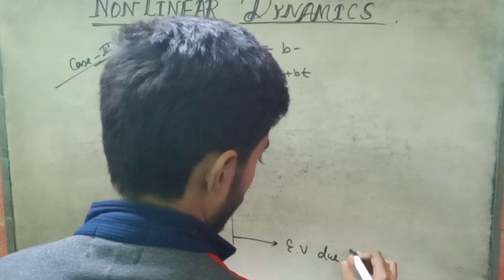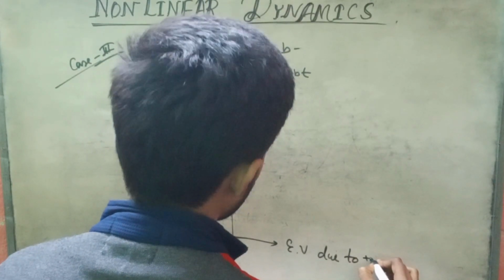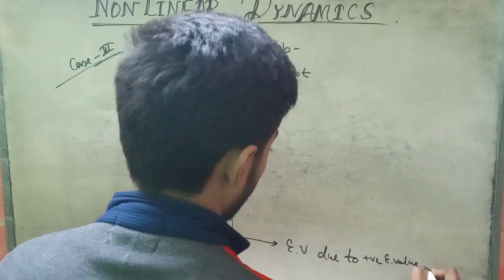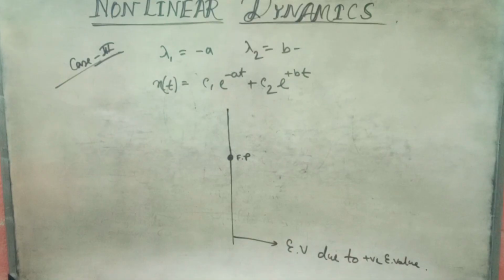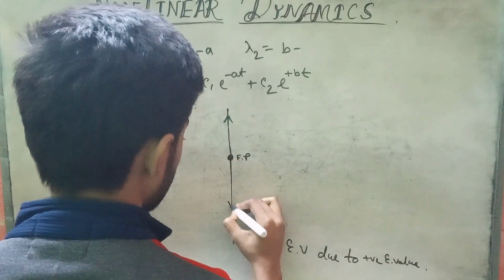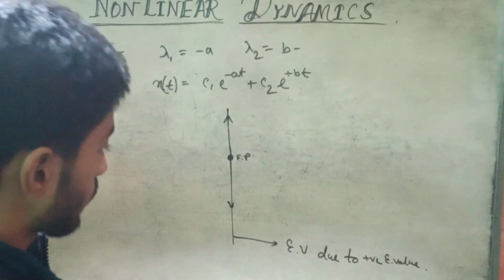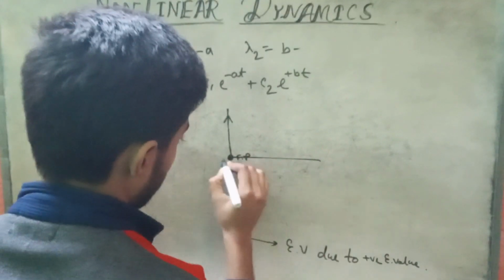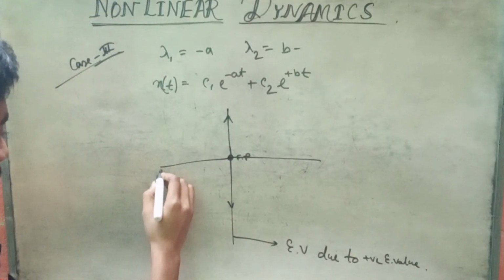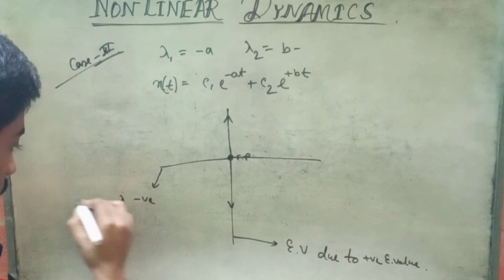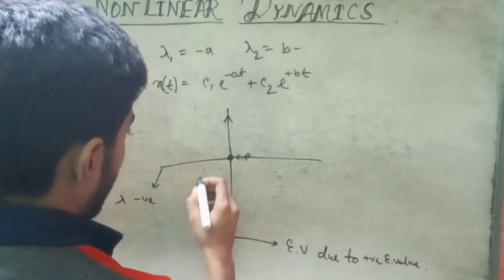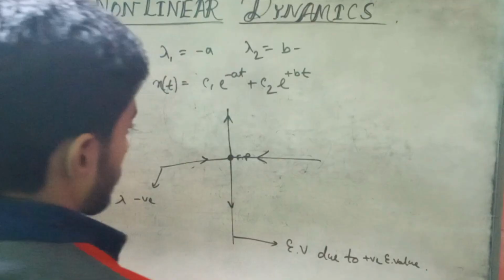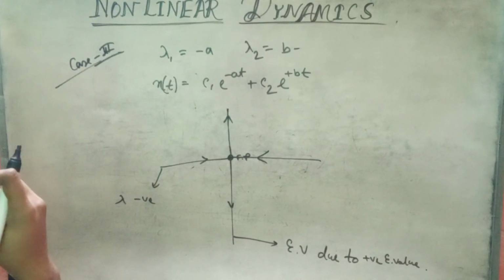Due to the positive eigenvalue, system trajectories diverge from the fixed point. For the negative eigenvalue, let's say this is the eigenvector for negative lambda, and due to this eigenvector, all system trajectories converge towards the fixed point.